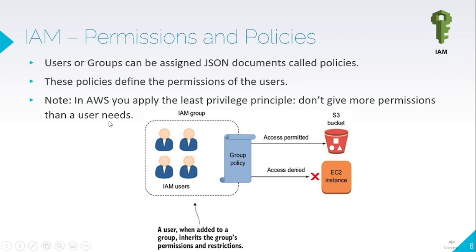Okay, note, in AWS you apply the least privilege. You are going to give the least privilege to these people. Try to give them as little privilege as possible. Okay, the reason is the security issue. You cannot give each and every access to a user.